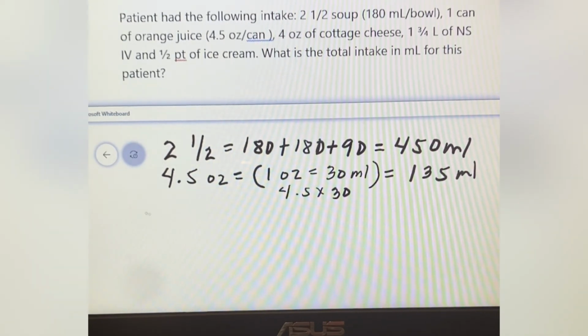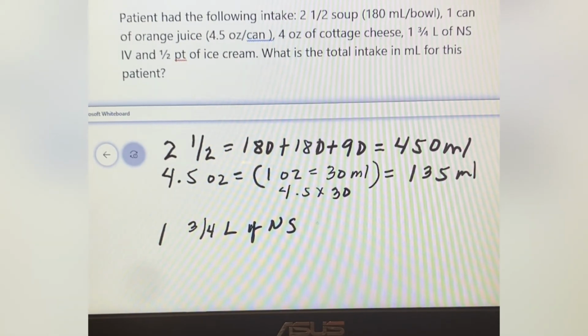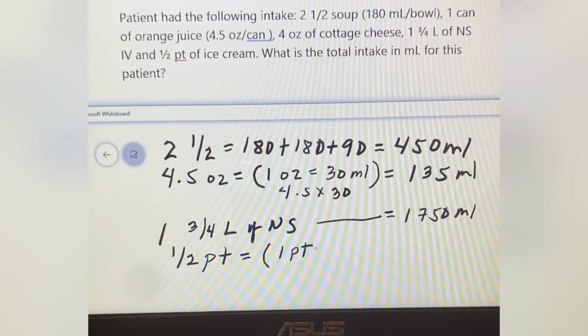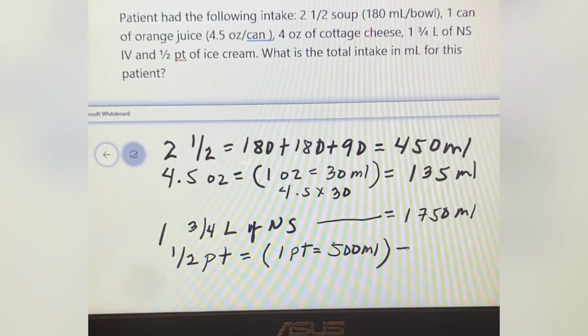Next, we have 1 3/4 liters of normal saline. How much is that? 1,750 ml. And then the last one is 1/2 pint of ice cream. 1 pint is equal to 500 ml. We get the half pint.